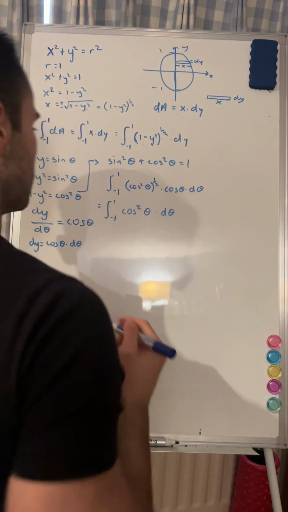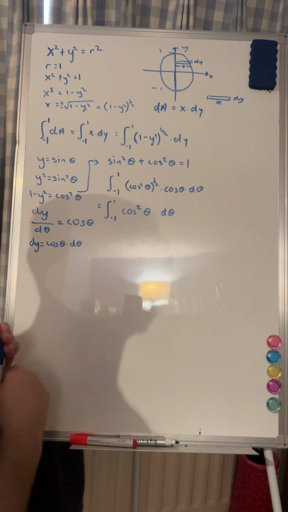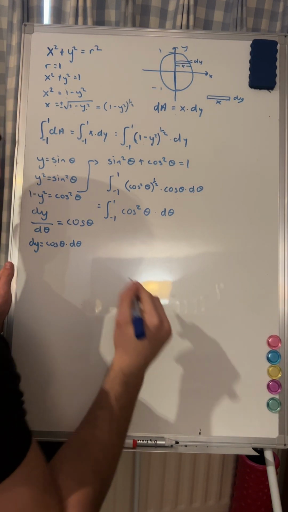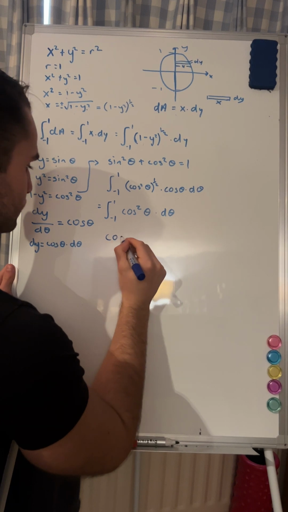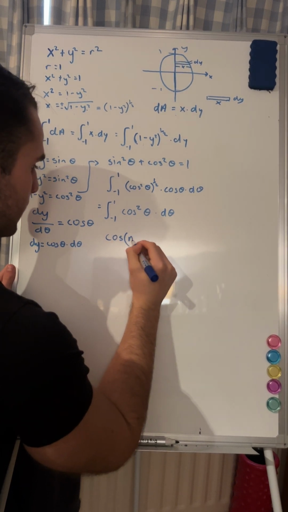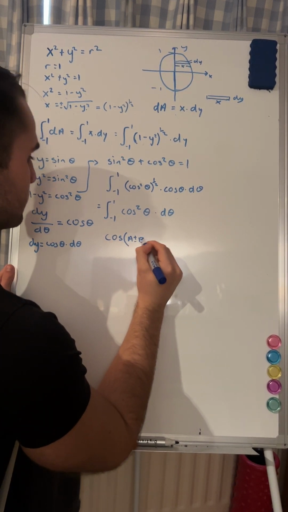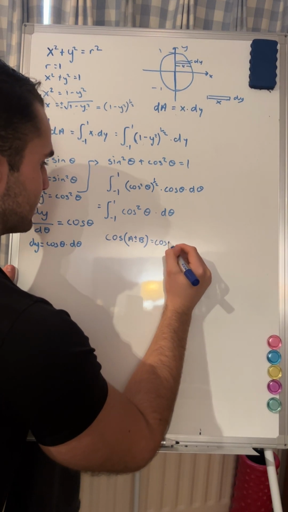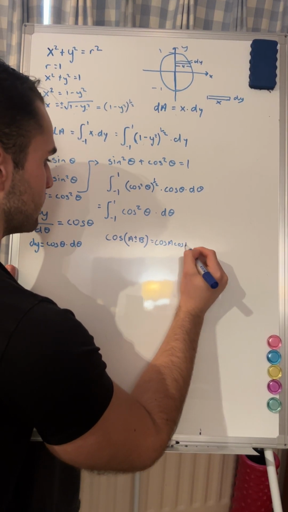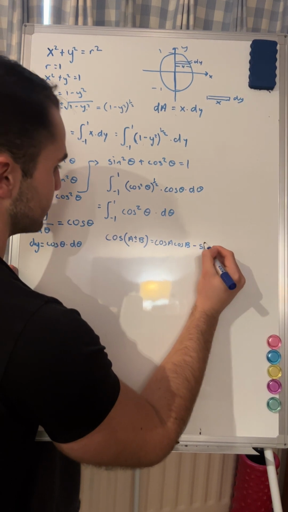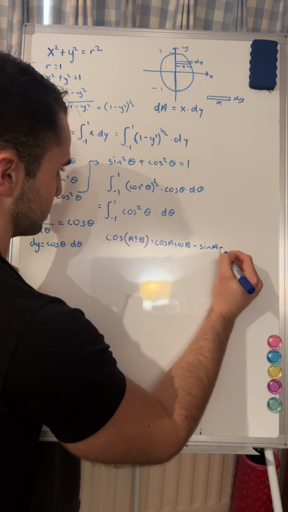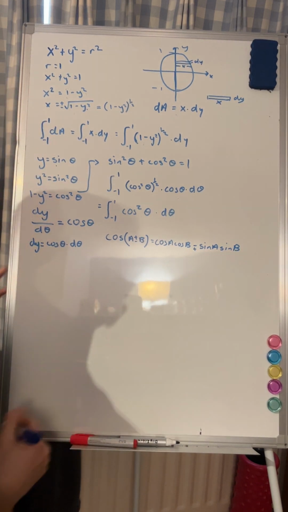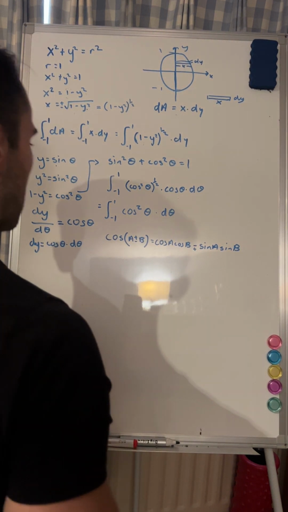So we can use this term here, that cos of A plus or minus B is equal to cos A cos B minus or plus sine A sine B. So the opposite way round.